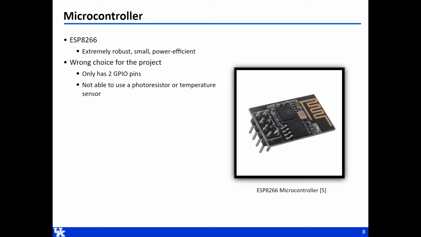Another reason that we went with this microcontroller is it has a built-in Wi-Fi antenna. After poking around the internet a little bit more, we did find some other ones that had more GPIO, but again, the time had passed for us to be able to purchase one and integrate it. So that's one of the big things that we'd like to do for future work on this project.